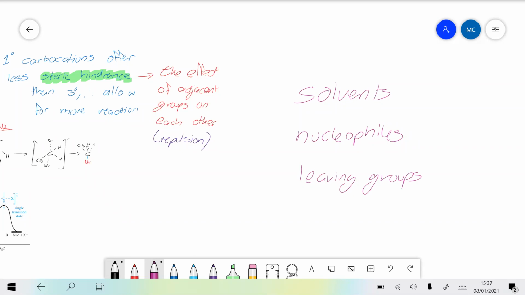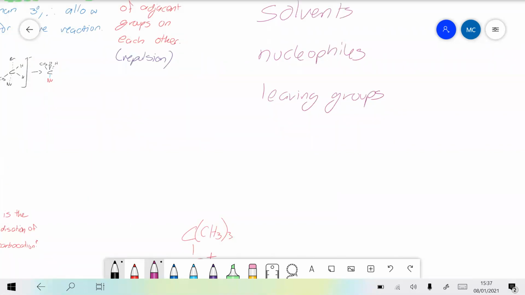So the nucleophile, the stronger the nucleophile, the more it wants to react. But the nucleophile's size matters. If you have a small nucleophile, it's going to play a role because it can go in and attack.